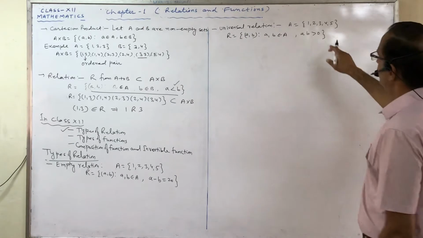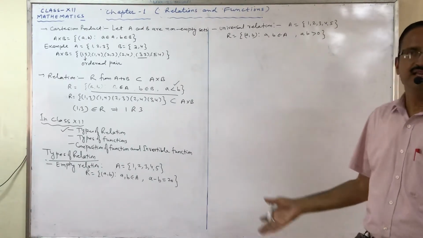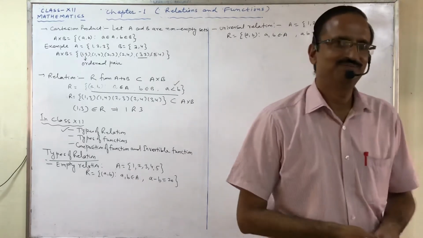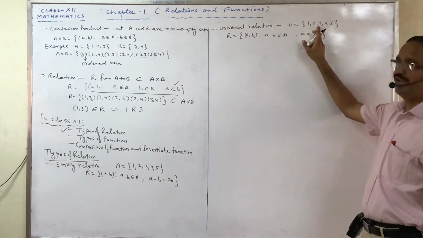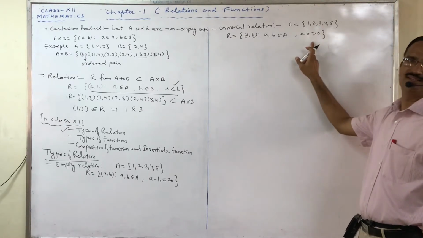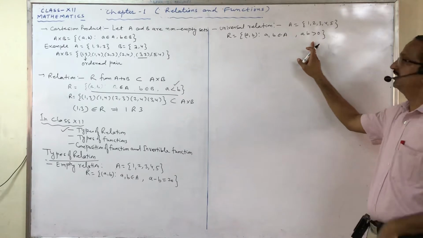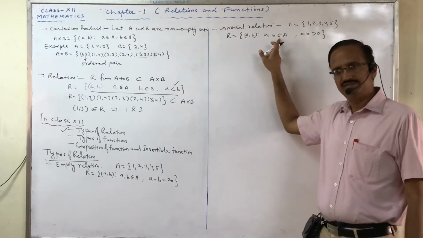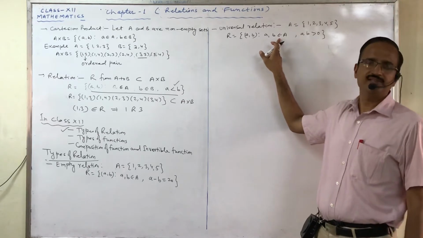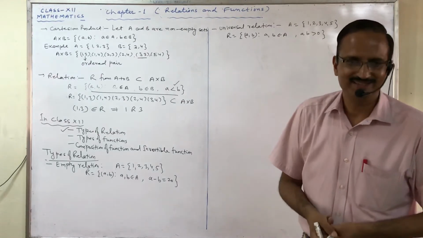So clearly look at this set, multiply any of the two elements, clearly the product is greater than 0. It means every pair of elements from this set satisfies this condition. So this is universal, means the whole set belongs to this relation. So every pair satisfies this condition. It means this relation is a universal relation.